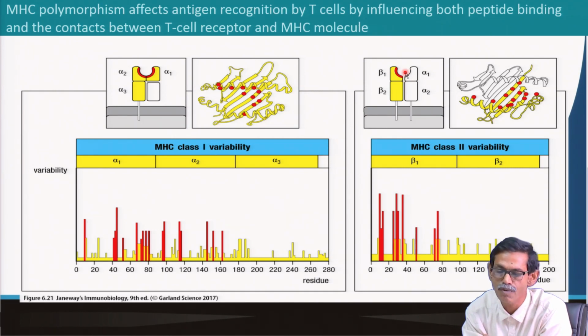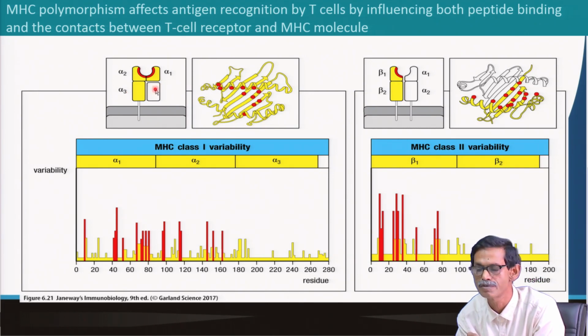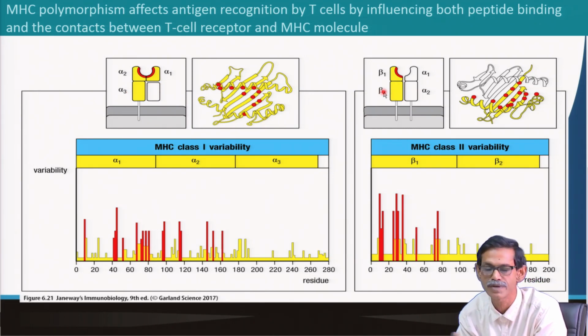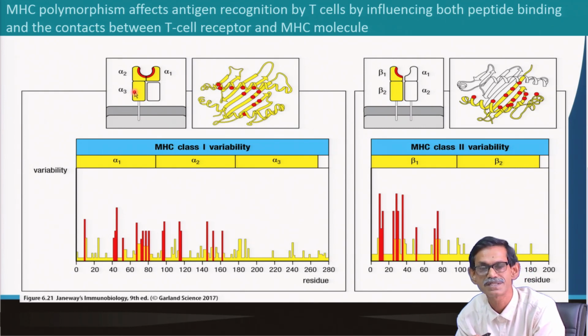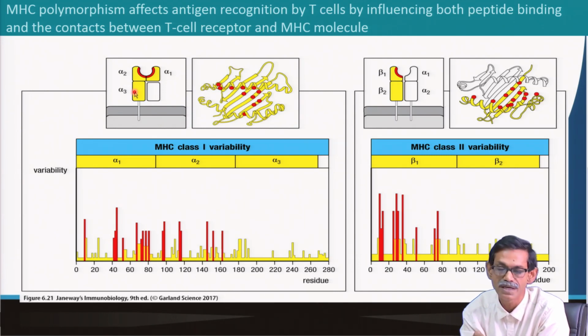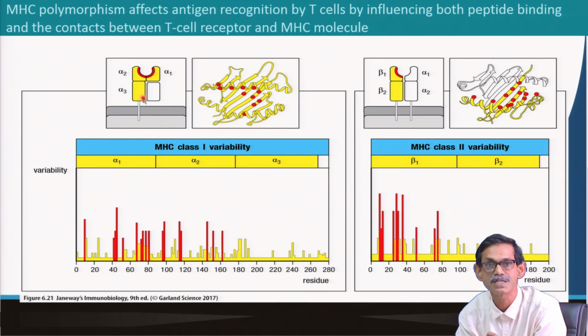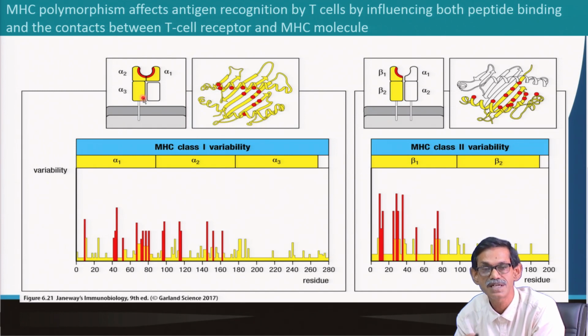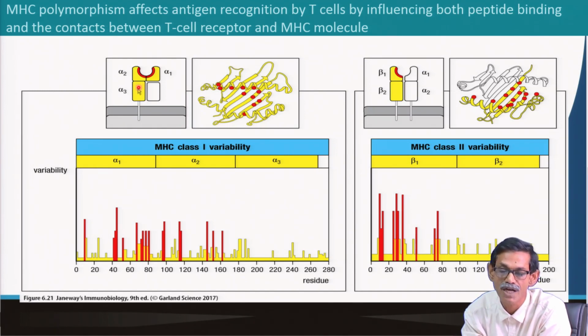So there is no point in having variation in this region, say beta 2 microglobulin or the alpha 2 beta 2 domain or the alpha 3 domain. It is in no way interacting with antigen. Rather, it is interacting with CD8. So there should not be much change.